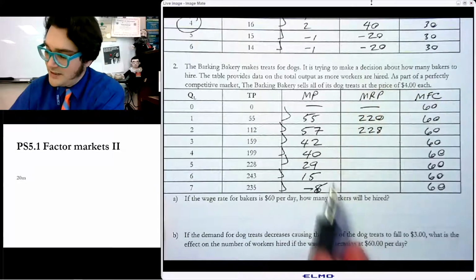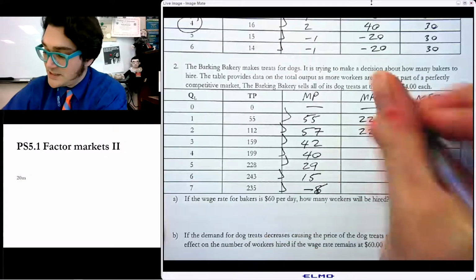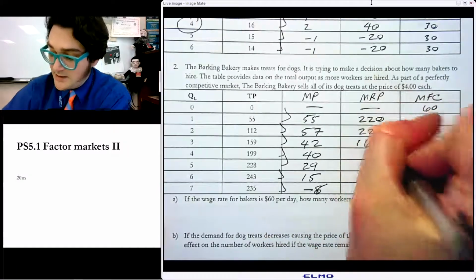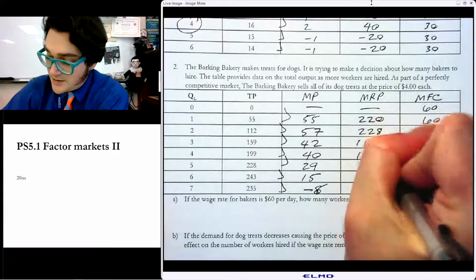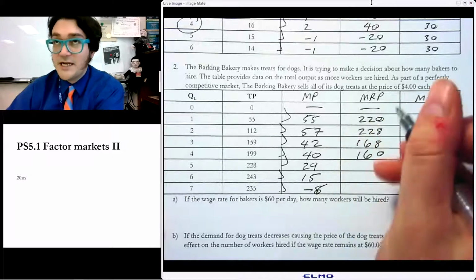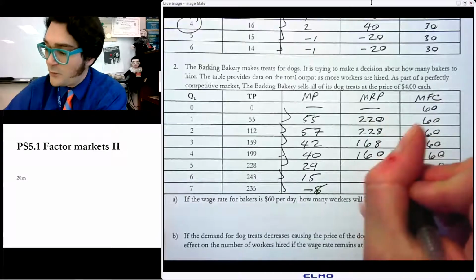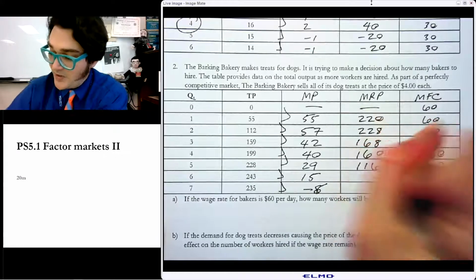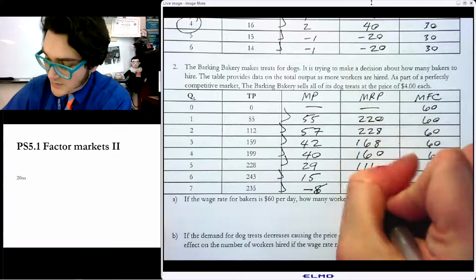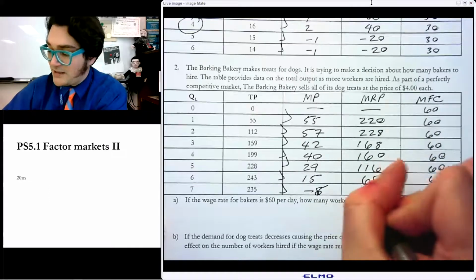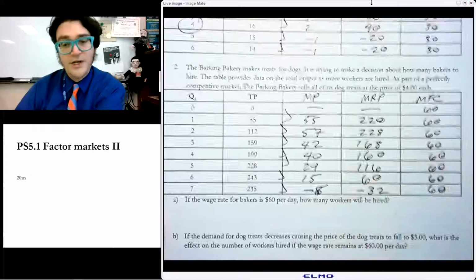I hope that's right. 4 times 42, 168. 4 times 40, 160. 4 times 29, 4 times 30 is 120 minus 4 is 116. 4 times 15, 60. That one was easy. 4 times -8, -32. But we aren't going to hire that one anyway.